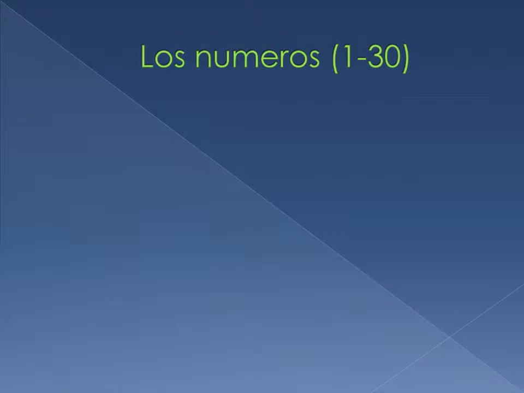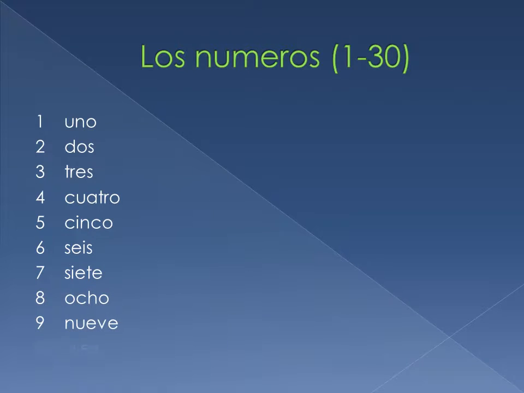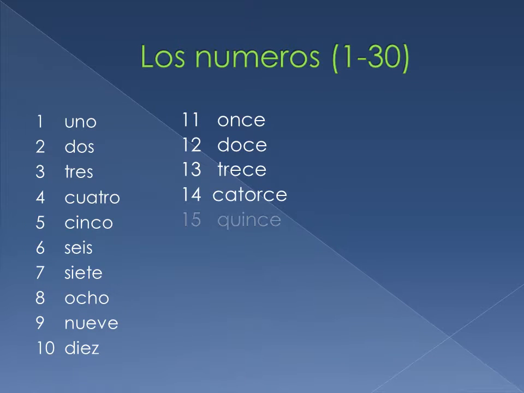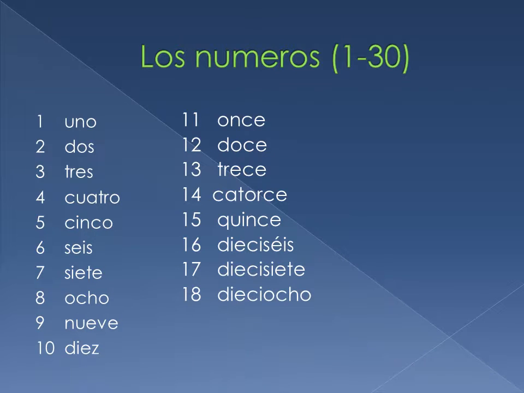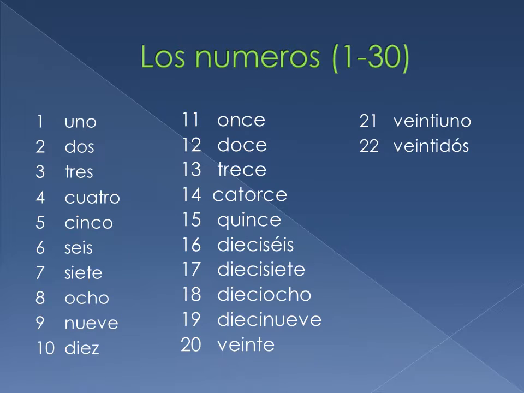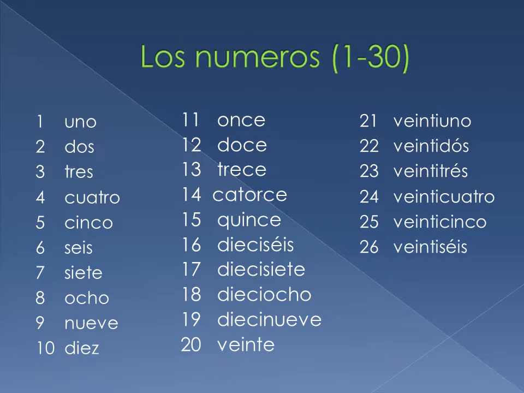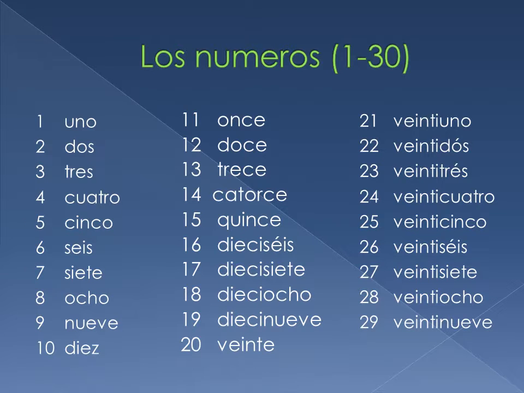So here are the numbers. You can count along with me. 1, 2, 3, 4, 5, 6, 7, 8, 9, 10, 11, 12, 13, 14, 15, 16, 17, 18, 19, 20, 21, 22, 23, 24, 25, 26, 27, 28, 29, 30.